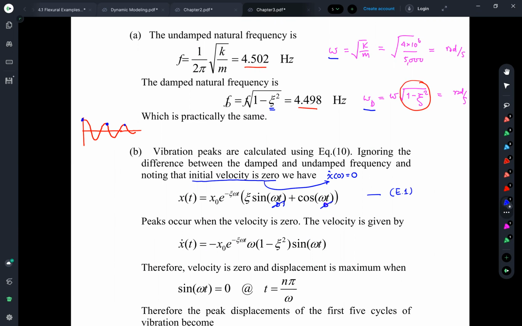And if you assume that, you want to find the peak. When you want to find the peak, if you remember about optimization, the thing is very simple. You perform a derivative and set it equal to 0.